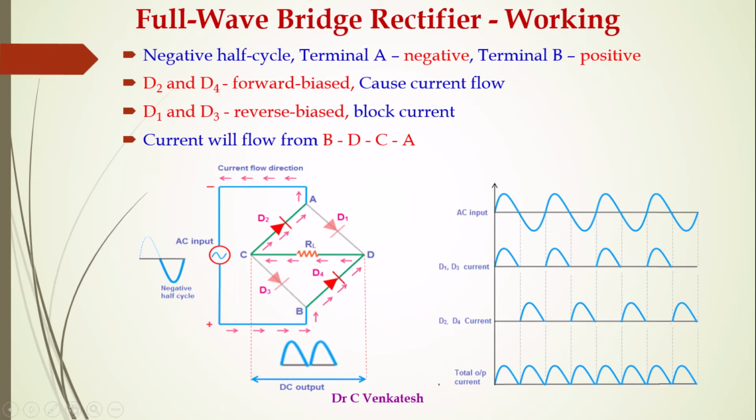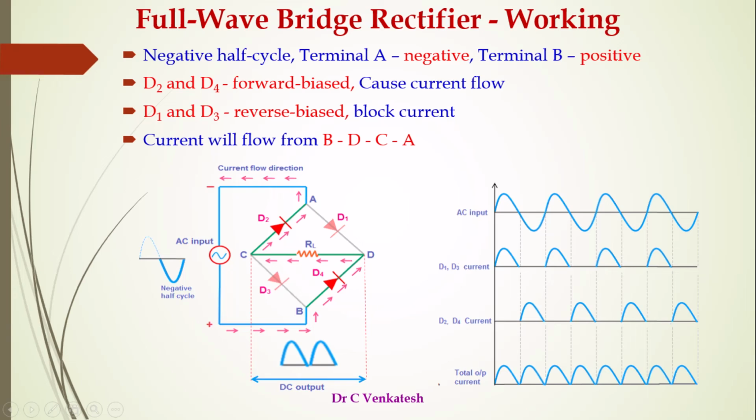At the same time, diodes D1 and D3 are reverse biased, acting as open switches. They block the current through them. The current flow is from B to D, D to C, C to A, as shown in the figure.